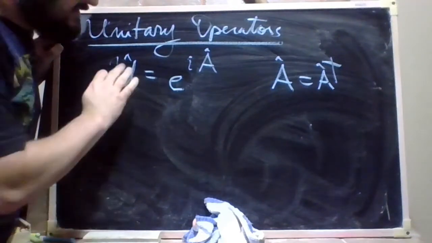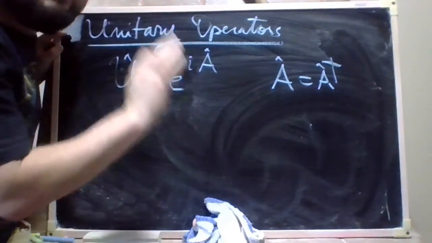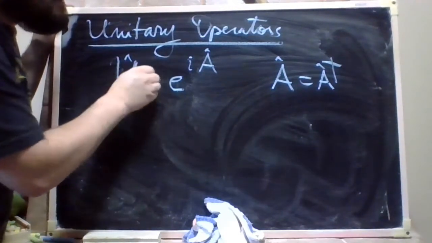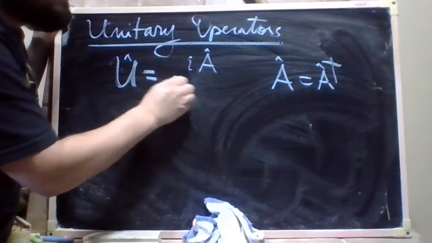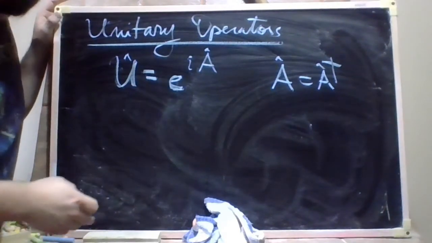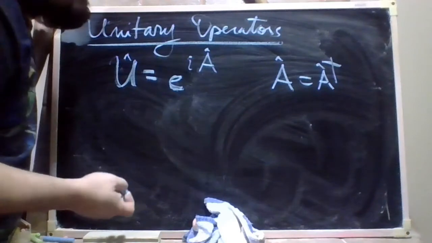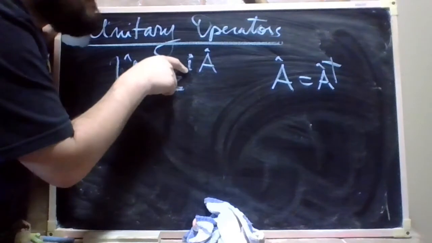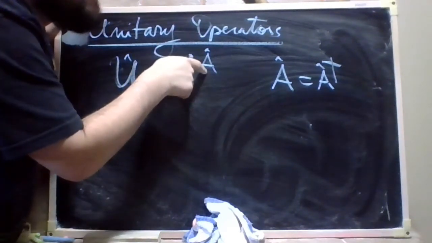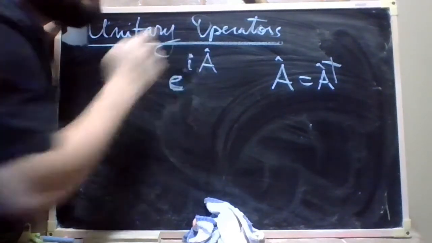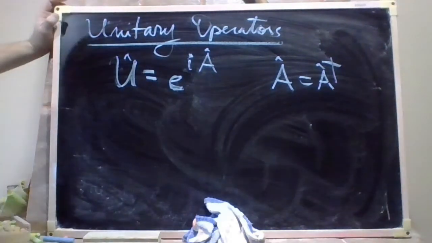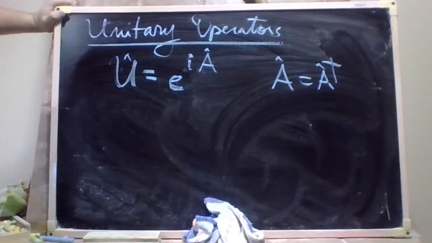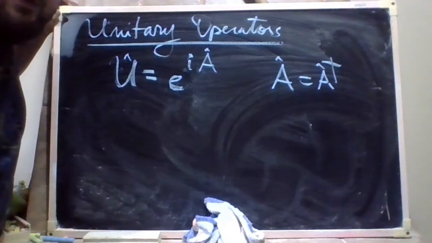This form of the matrix ensures unitarity. A unitary matrix can always be expressed, at least I don't know any counterexample for that matter, as the exponential of the imaginary unit multiplying a Hermitian matrix or a self-adjoint matrix, right? Or a self-adjoint operator.